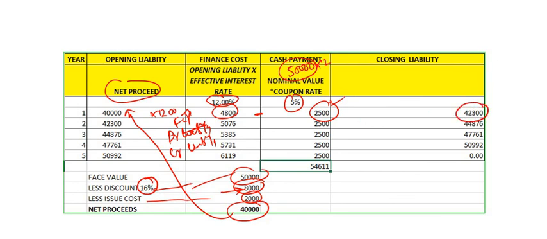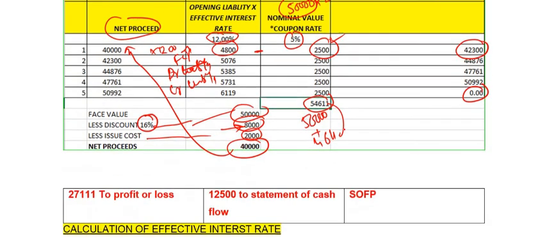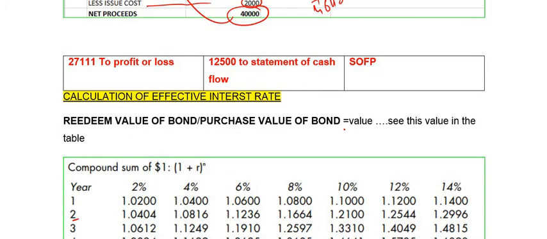Now at the end of 5 years you will pay 50,000 plus some premium, and that is also this amount. Now at the end you will have zero liability. This amount is the finance cost.